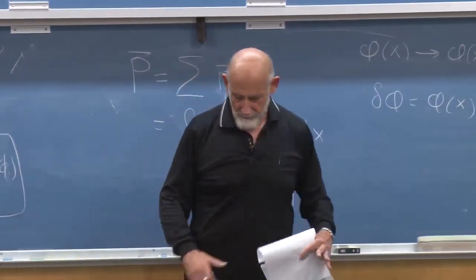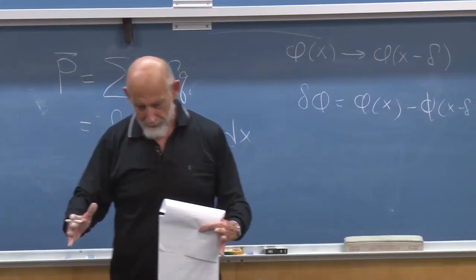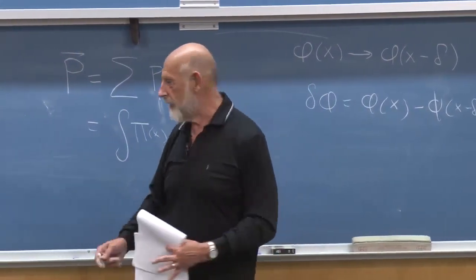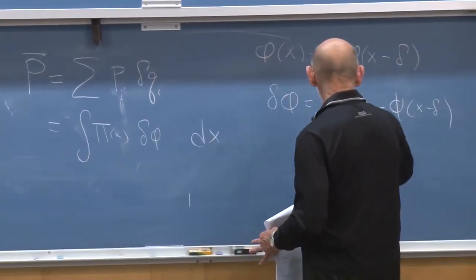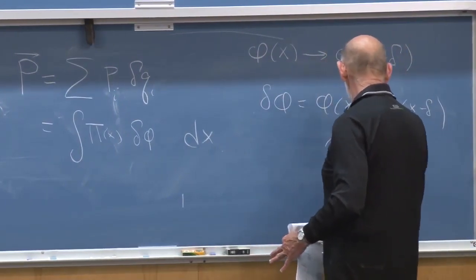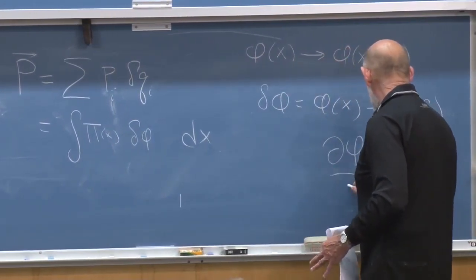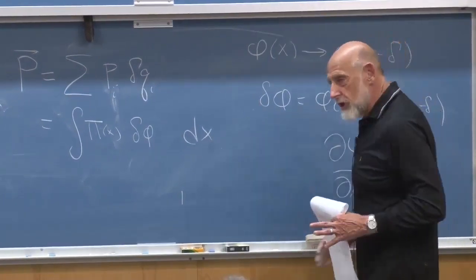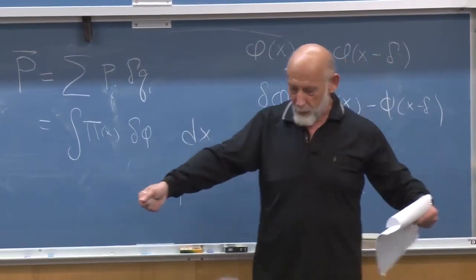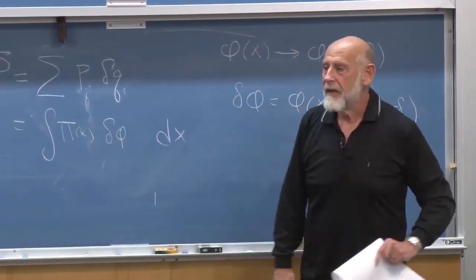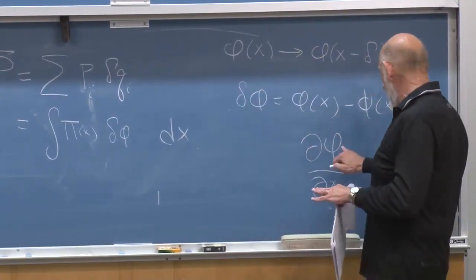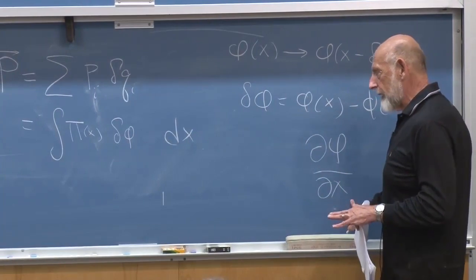Really all it is, if I have some field and I move a little bit, how much does the field change? It changes by something proportional to the derivative. In other words, the change in the field, when I take all of my coordinate rulers and move them a little bit, the change in phi that I see at a particular point along my rulers is proportional to the derivative of phi with respect to x.